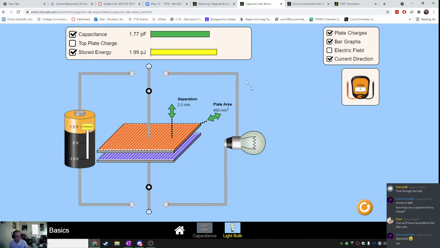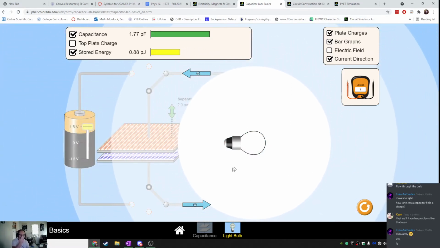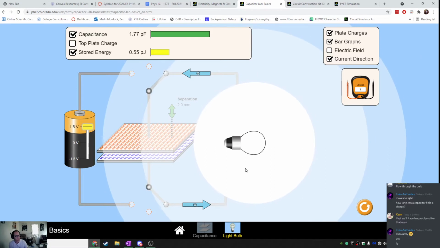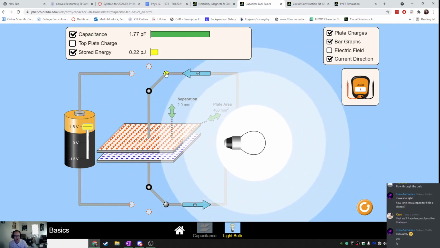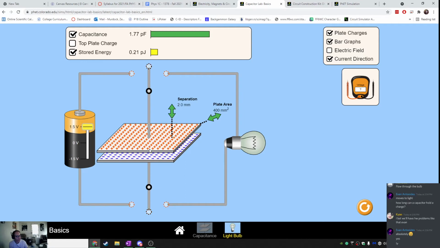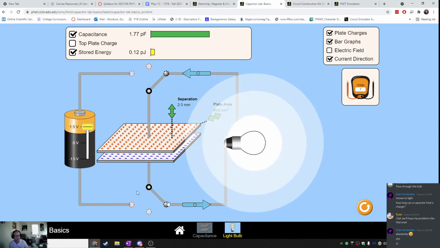In these theoretical simulations, it'll hold the charge forever. But to answer your question more completely, it'll hold the charge until you create a pathway for the charge to be lost or to be dissipated through the system. So as long as there's no pathway, the charges are just going to stay there. As soon as there is a pathway for those charges to flow along, then they'll flow.